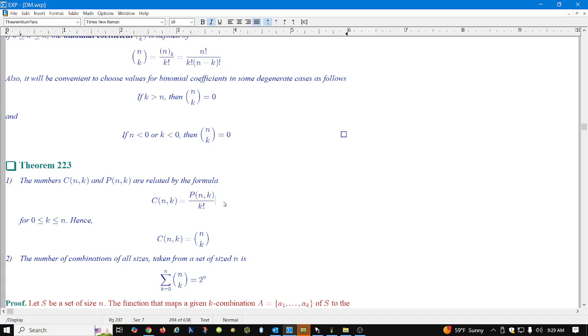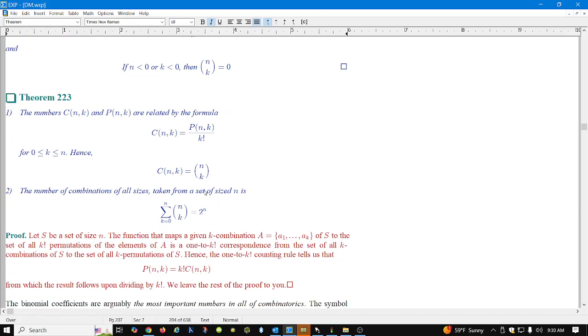And since n lower factorial k is the formula, I didn't mean to say P(n,k) and n lower factorial k are the same. They're not the same, as we've discussed. P(n,k) is defined as the number of permutations of size k taken from a set of size n. N lower factorial k is strictly an algebraic formula. But these two are equal, and so C(n,k) is equal to n choose k.